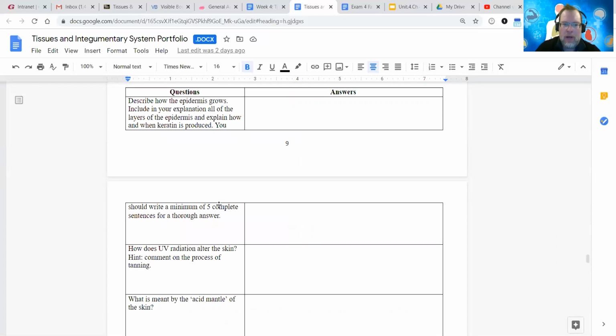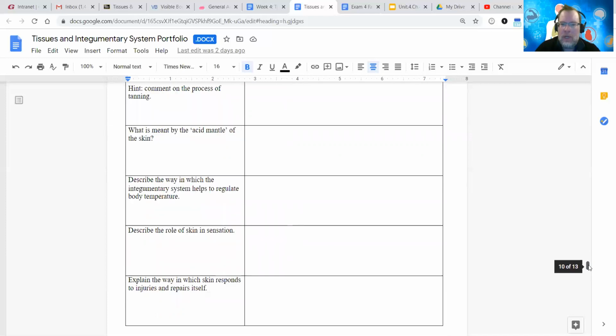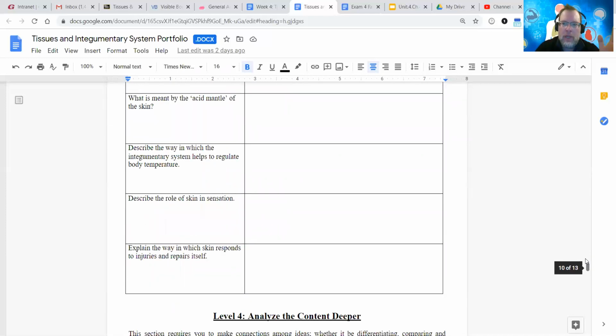You can, instead of writing a minimum of 5 complete sentences, put 3 or 4 bullet points and just write a couple of little bullet points about these things. So again, this is your experience. When it appears sometimes that you have to do this many, 5 sentences, 2 sentences, I'm not keeping track necessarily of that.